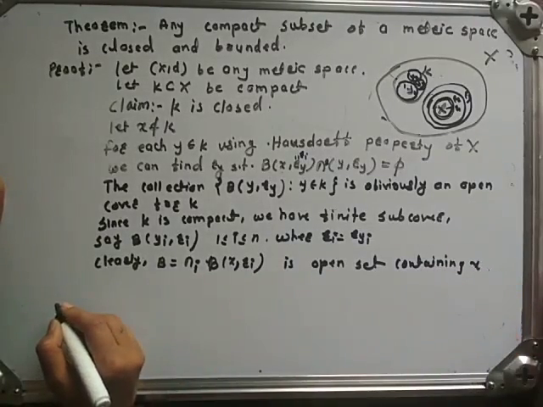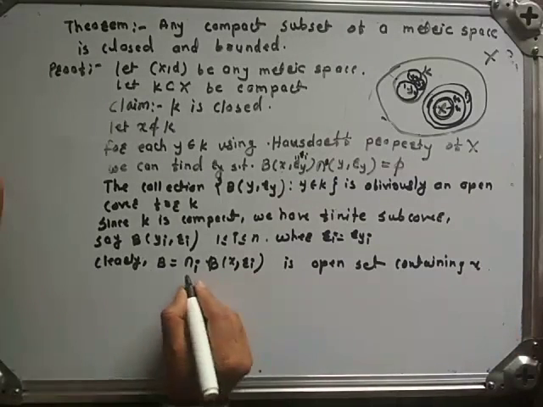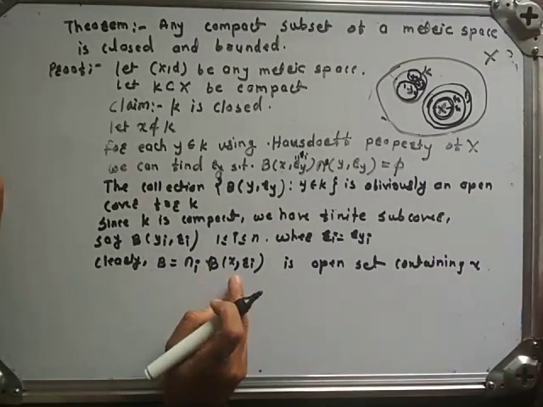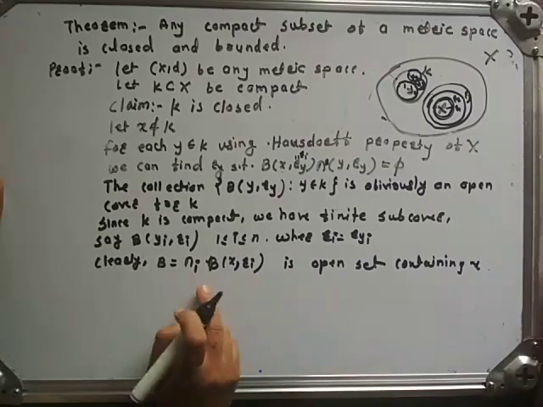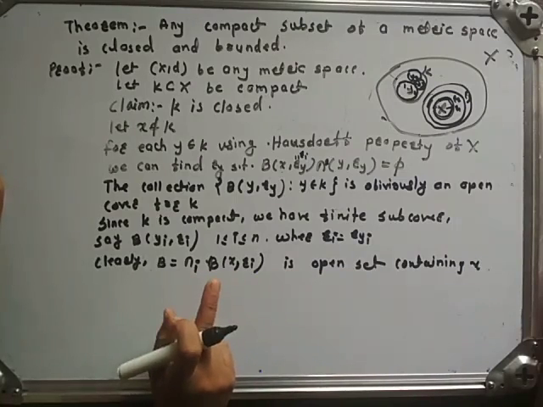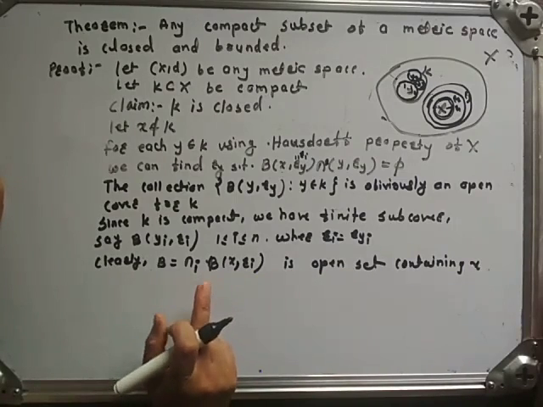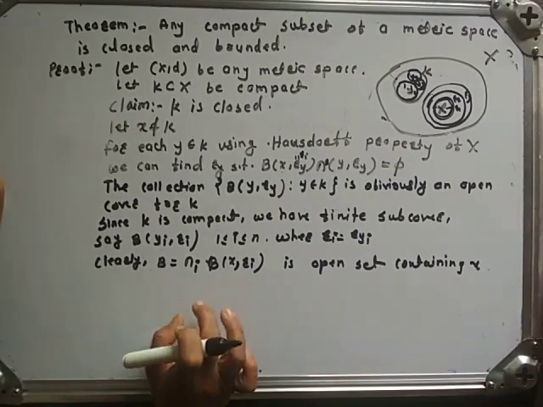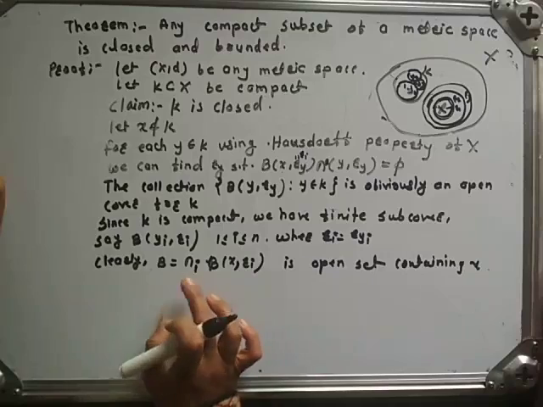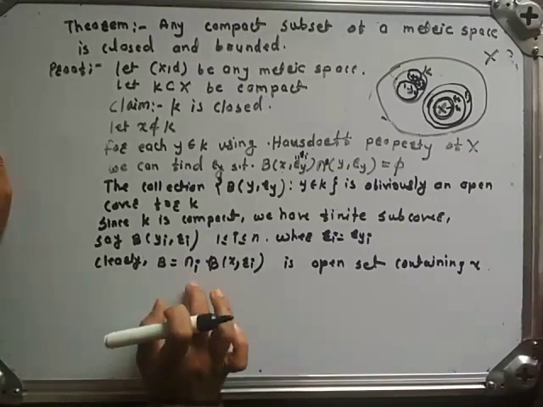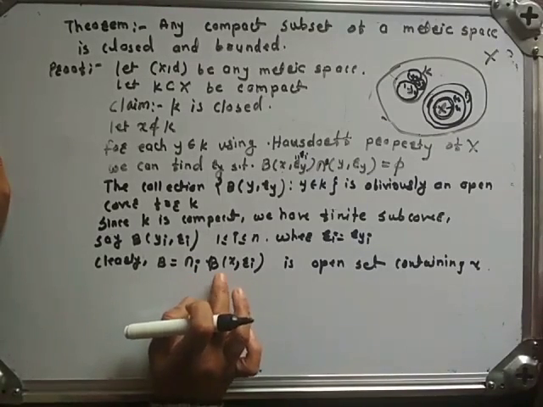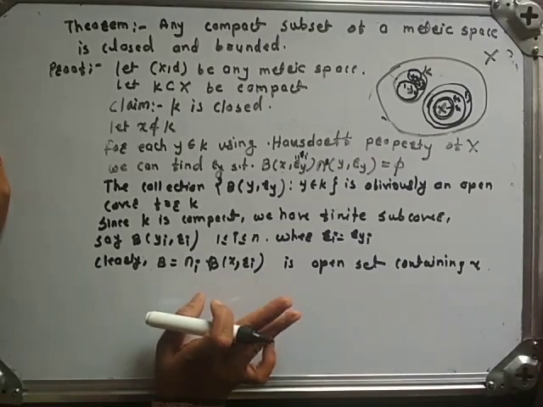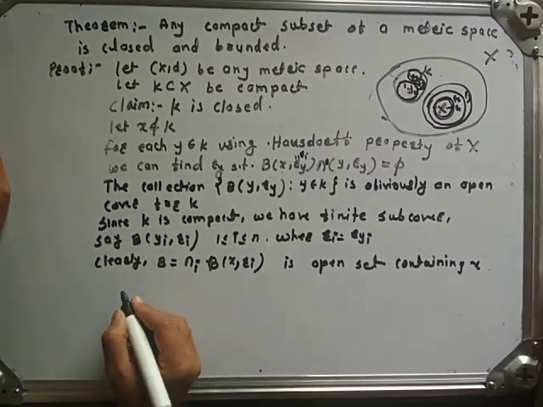Why is this intersection open? We have seen a theorem in the first chapter, that a finite intersection of open sets is open. Therefore, the intersection over i of B of x comma Ri is open.